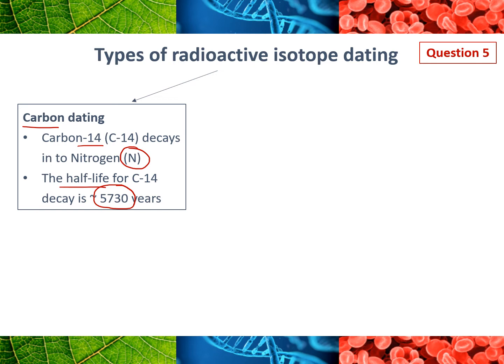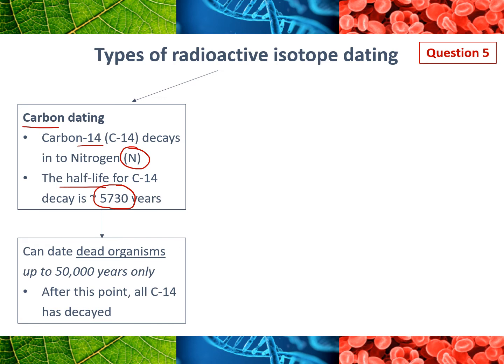What you do need to know is that carbon dating can be used to date dead organisms, so things that have been mummified or where some of that tissue still remains in fossils, for up to 50,000 years only. Okay, it cannot be used for something that is 1,000,000 years. The reason for that is that beyond 50,000 years, there's no more carbon left.